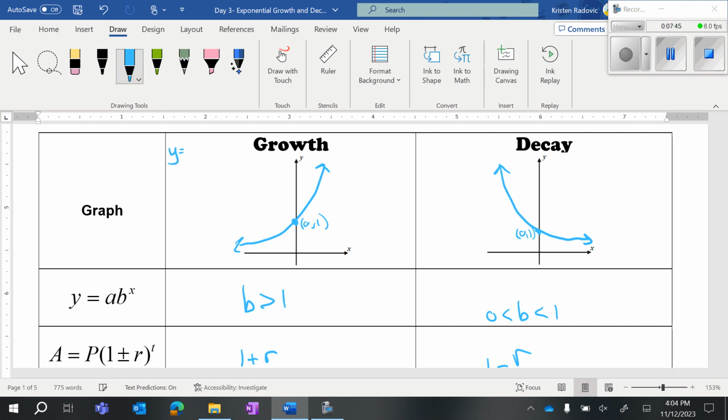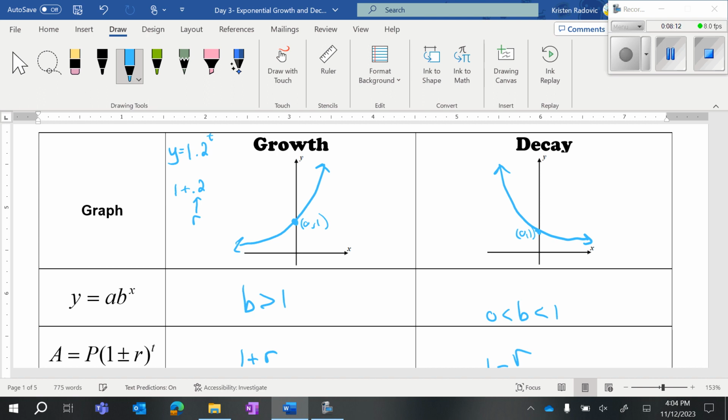So for example, if you see y equals 1.2 to the t power, this is increasing because it is greater than 1. And how much is it increasing by? We would say that this is 1 plus 0.2. So the 0.2 is your rate.